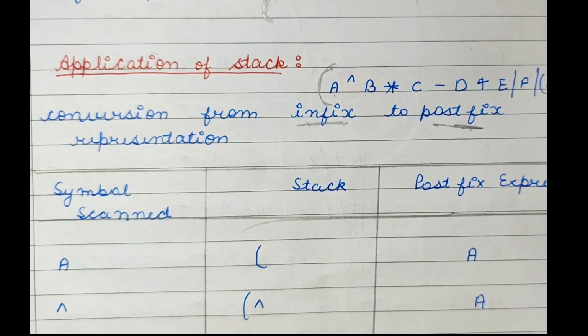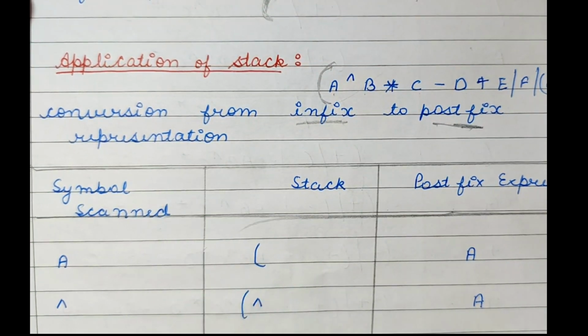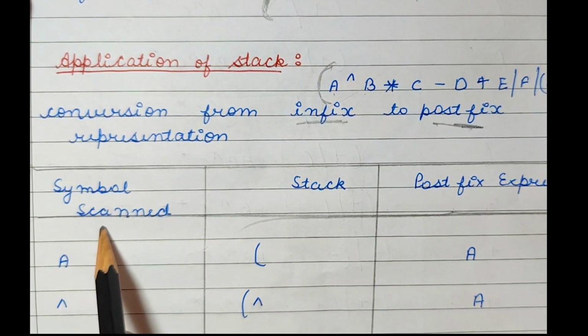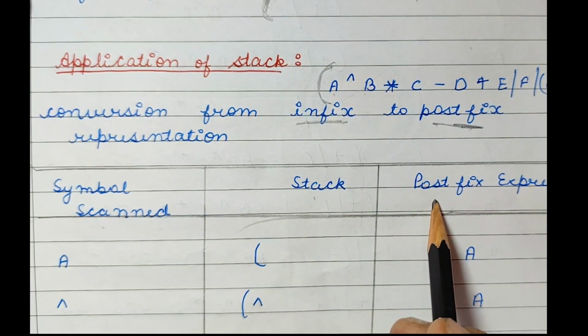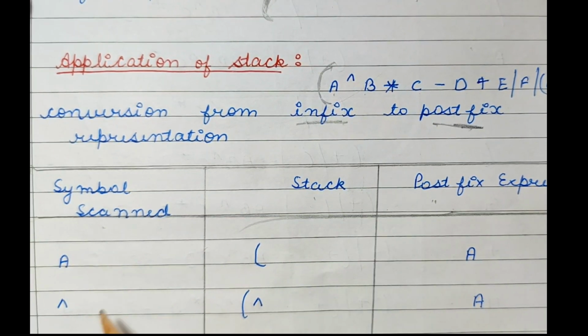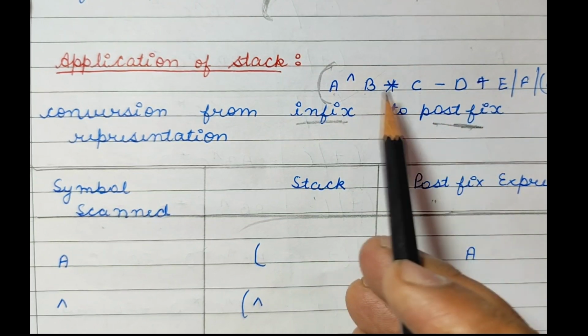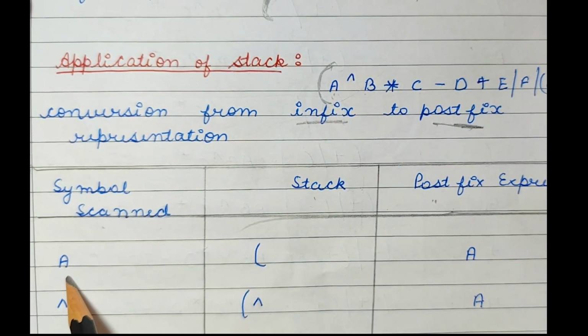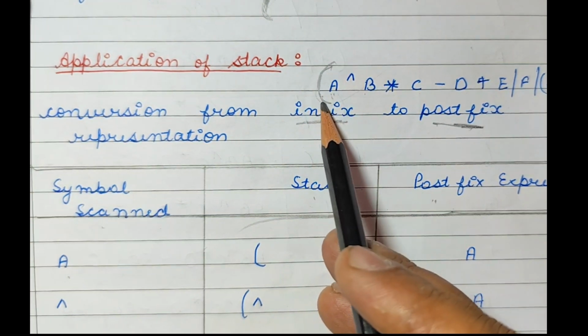Now after this, I make 3 columns. First column is symbol scanned, second column is stack, third column is postfix expression. This is our output. In the scanned symbol column, we scan the expression one by one. First we scan capital A, so we write here capital A. Before capital A we have a left parenthesis.